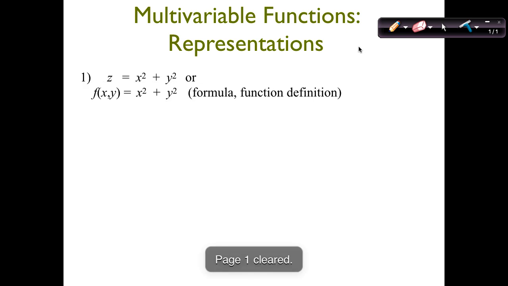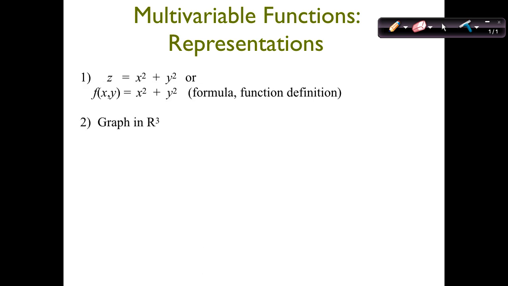Next way is a graph. A graph in R3. So before, with our graphs of y equals f of x, we had our independent variable x, and for any given value of x, the dependent variable was represented how? The corresponding value. How is it represented in the graph for different x's?